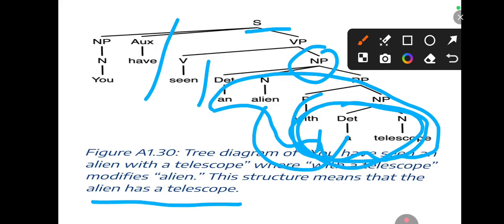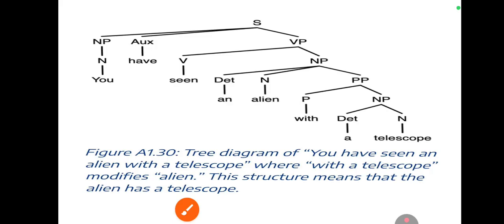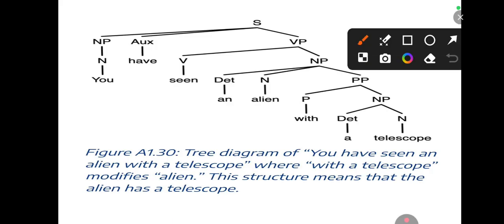So this is called a noun phrase, because there is no verb, right? This way this sentence will be analyzed: a noun phrase, and then the verb phrase at the end.